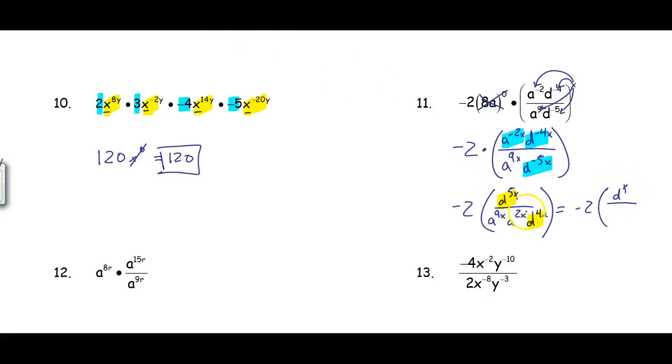You're also going to combine your 9x plus 2x, so you get a to the 11x. Go ahead and finish off your problem. You have negative 2d to the x over a to the 11x. There is your final answer.